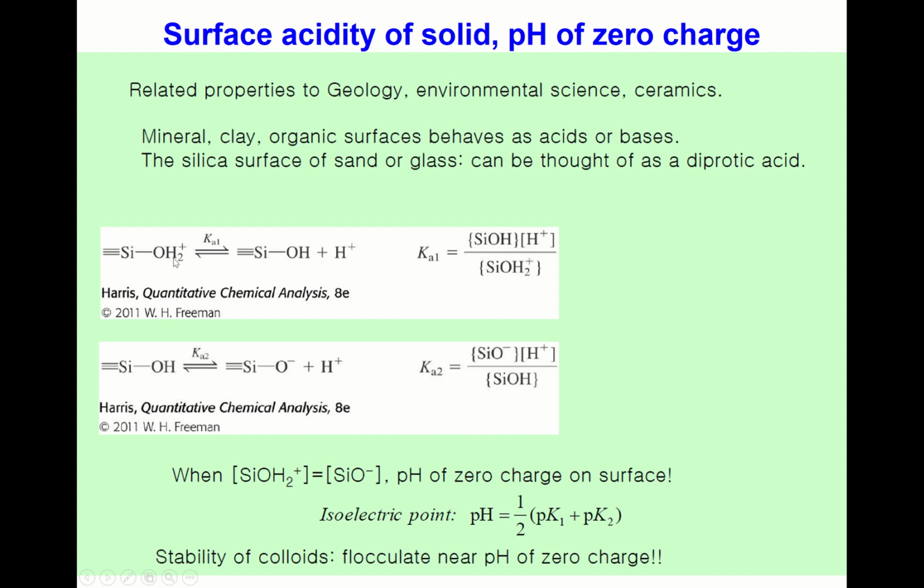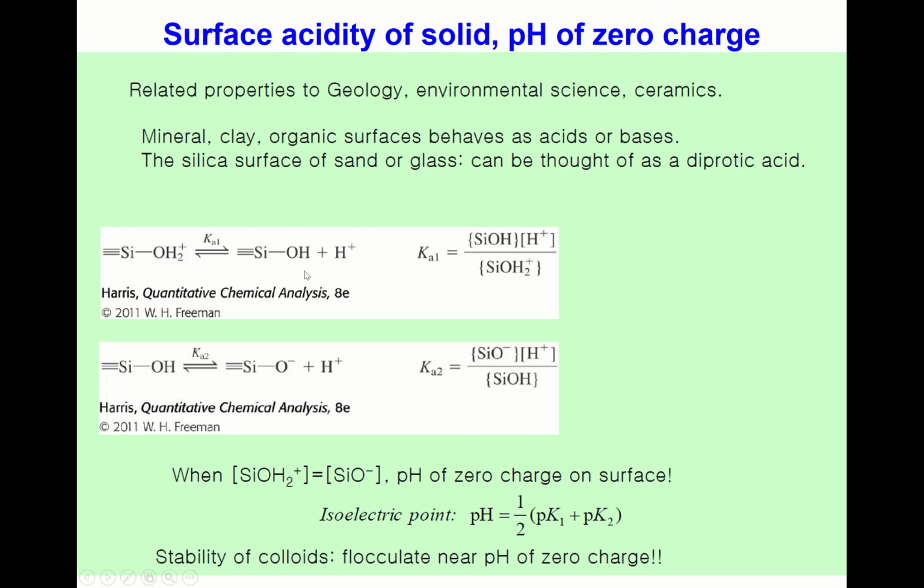When this silica is put in a strongly acidic solution, protons go to this silica surface, and the surface takes this one positive charge.